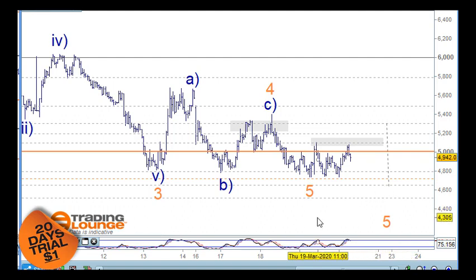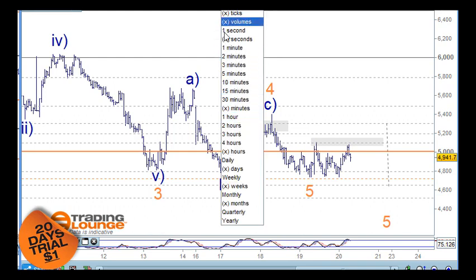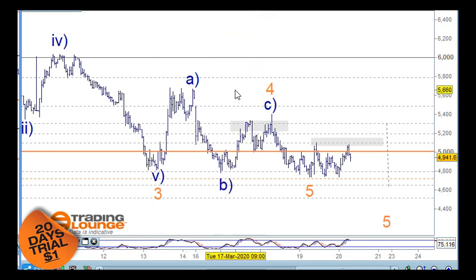So this is the problem area through here. It's possible to have a low in, but we want evidence. We want to see the market sitting on top of the 5,000, otherwise it's going to drop. So at what point can we go short is the question. Let's go in and have a look at that.